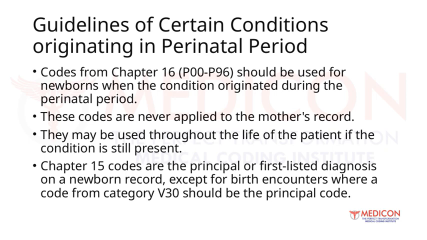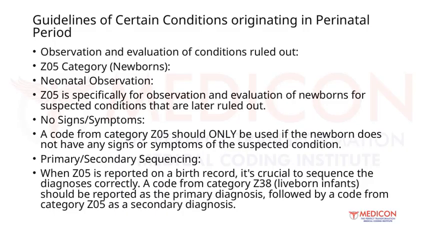Now, let's talk about the guidelines for certain conditions originating in the perinatal period, specifically regarding observation and evaluation. First, when it comes to Z05, this category is used for newborns who are being observed or evaluated for conditions that are suspected but ultimately ruled out. So, it's important to remember that Z05 is not for confirmed conditions, but for cases where suspicion exists during observation.